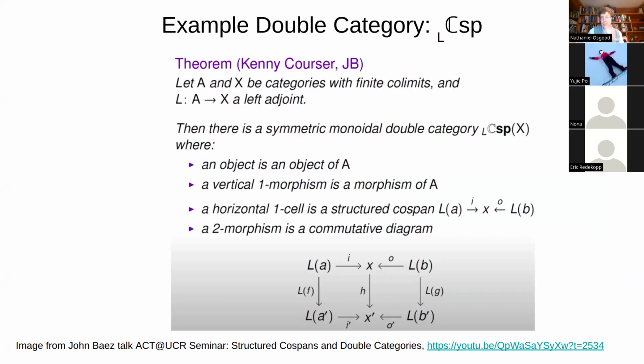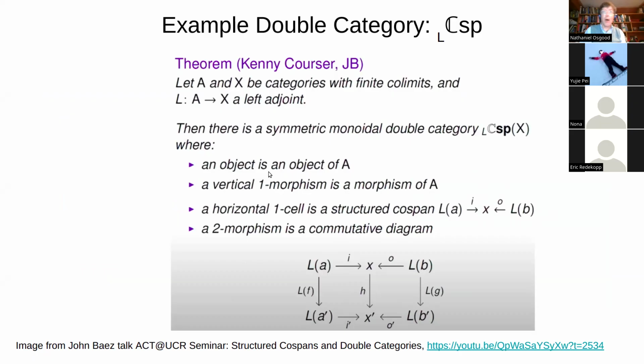All right, this is our cospan category, right? In our cospan category, we have this left adjoint. Some of you know the story for this. This is the feet category. This is the apex category. An object here is an object of A in this double category. Objects are objects of A. Vertical morphisms are morphisms of A. Horizontal morphisms are structured cospans of this form. So a horizontal one-cell, that's what this means.